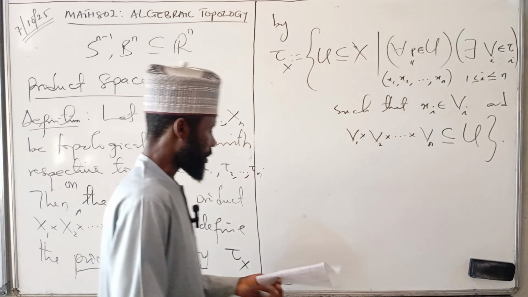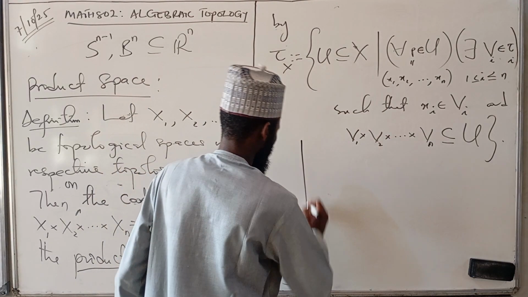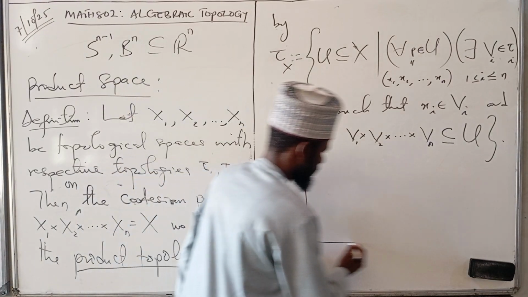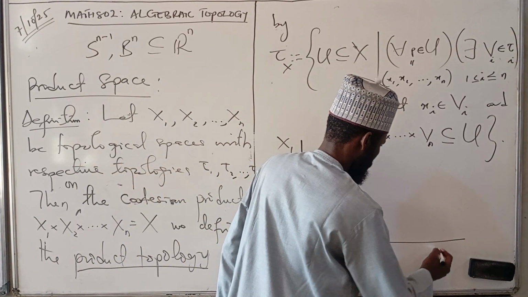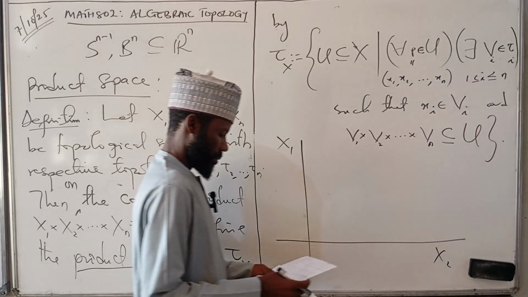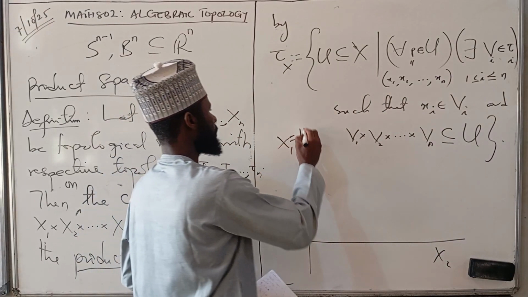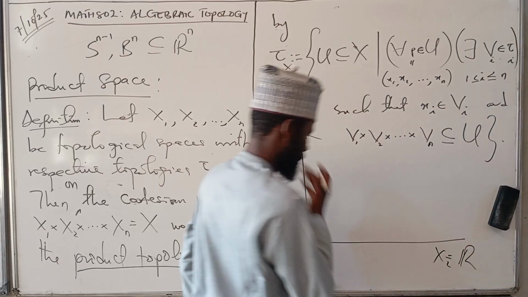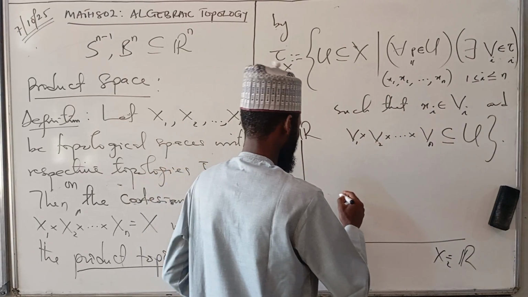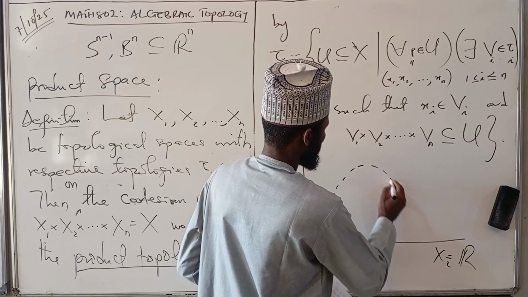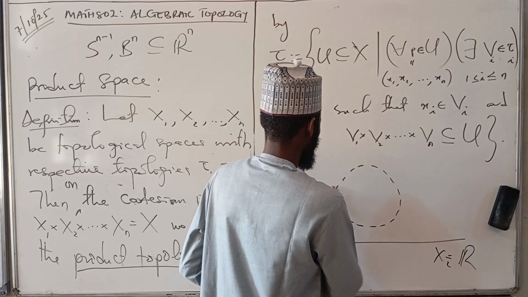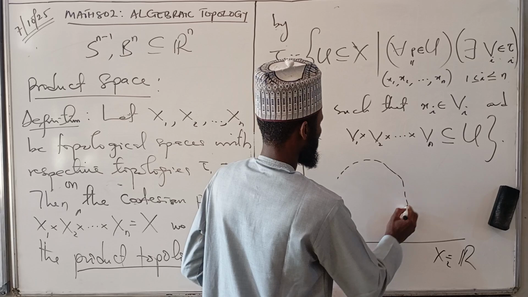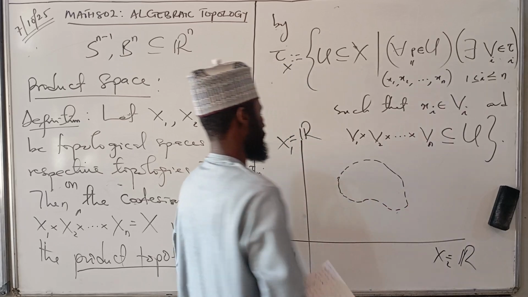Okay? Maybe let me just show you. Imagine this space x1 and x2. So you can think of real numbers. A set will be open, this is a set like this, can be anyone.